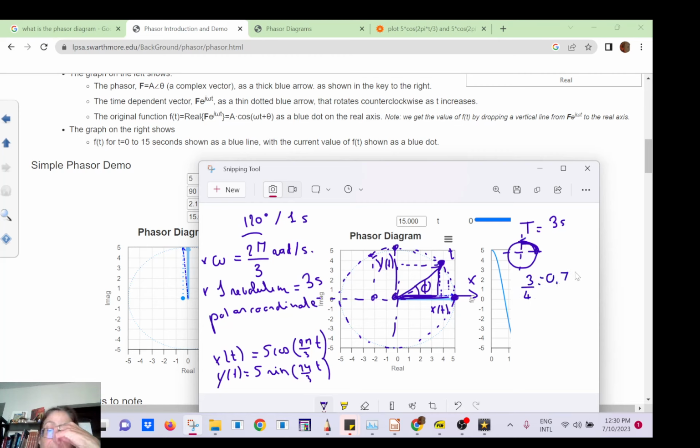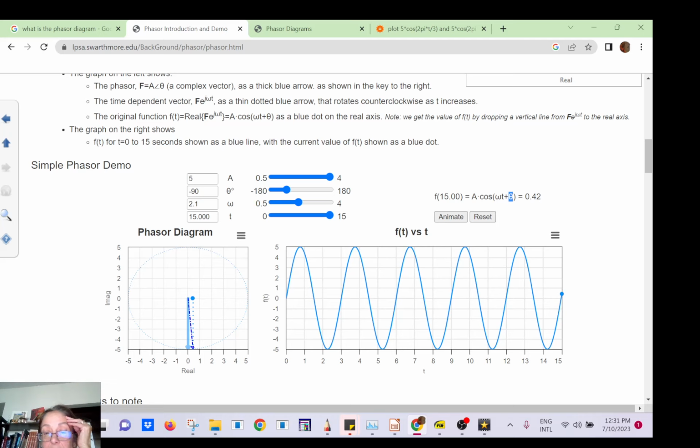And indeed, you see the maximum here used to be there, and now the maximum is at 0.75 seconds. So what it did, it moved the function to the right by 90 degrees, or by 0.75 seconds. What it means is when you start the stopwatch, t equals 0, you don't get the maximum, you get it at 0.75.